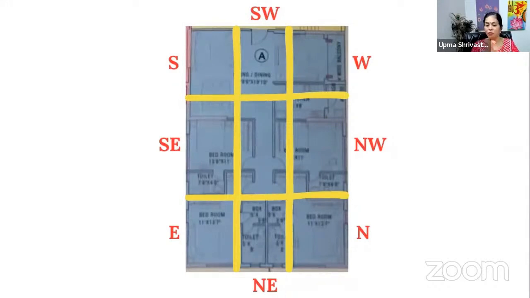That's why, from the center of the home, as I showed in that video, you have to make 9 zones. By making the 9 zones, it is easy to understand what is coming in each different zone. In this map, in the southwest there is an entrance.